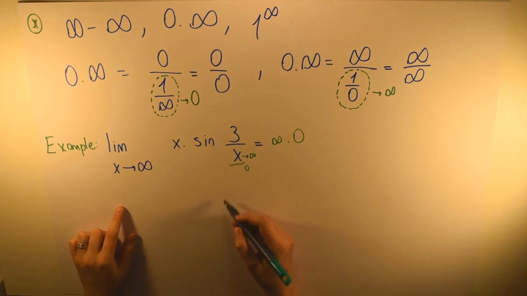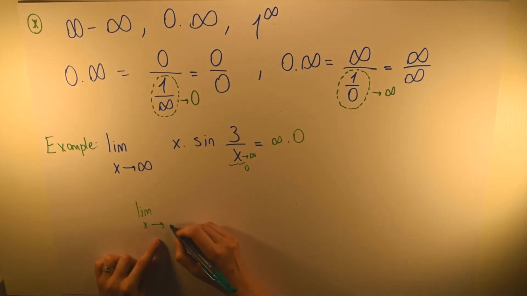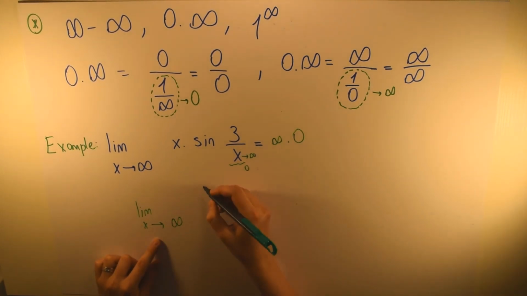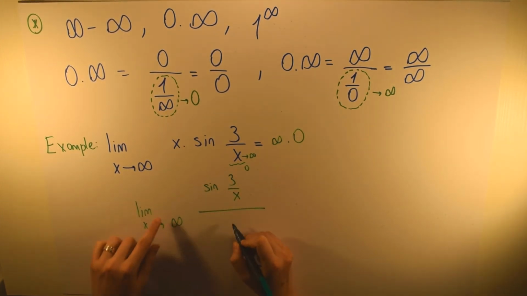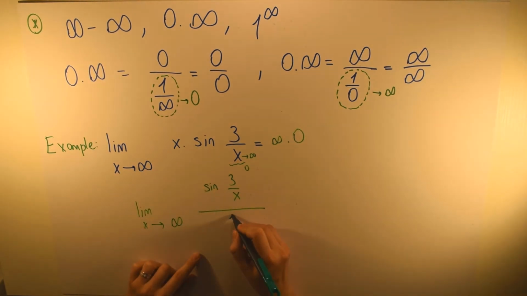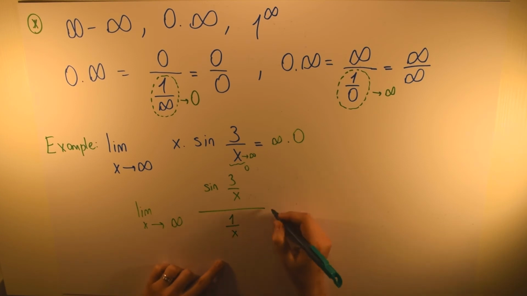So I can write this as the limit as x approaches infinity of sine 3 over x, over, I can write this x as 1 over x in our denominator here, right?